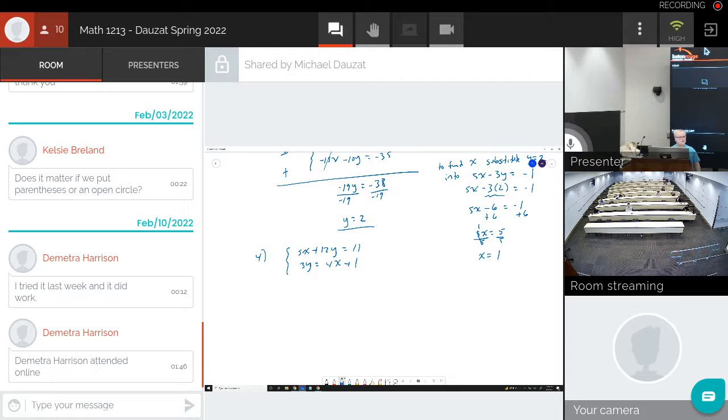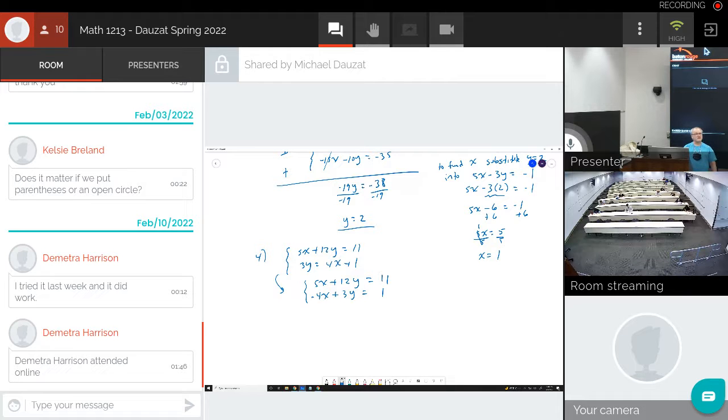So I'm going to bring that 4x to the other side. So when I do that, I get 5x plus 12y equal 11. And do y'all agree that this is going to be -4x plus 3y equal 1? Okay. So which variable do you want to eliminate? Let's go ahead and eliminate the y's.